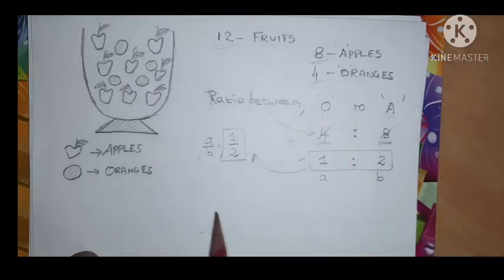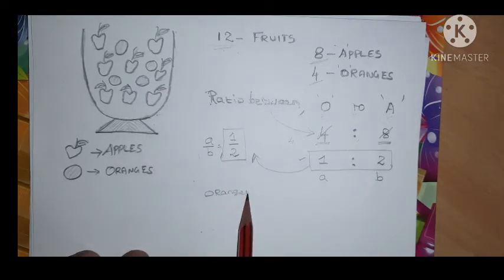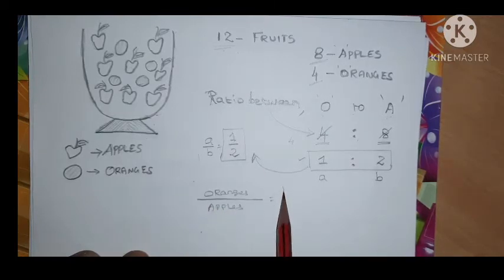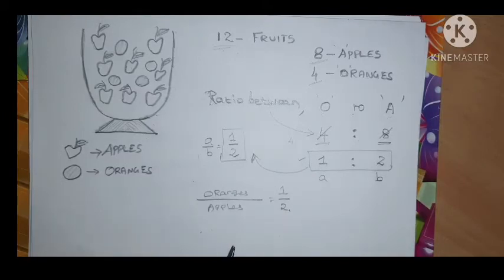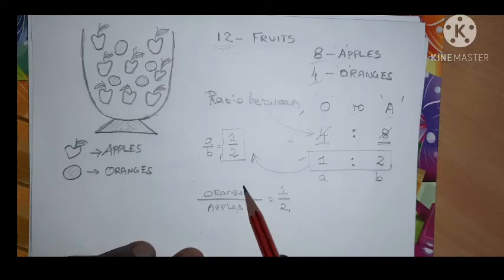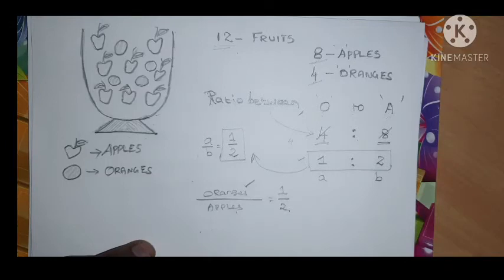So the ratio of oranges to apples is 1 by 2. This is exactly the ratio. So, as compared to the apples, exactly half the number of oranges is present. This is the answer. If you want to verify it, just bring the apples to this side, and it becomes a multiplication.